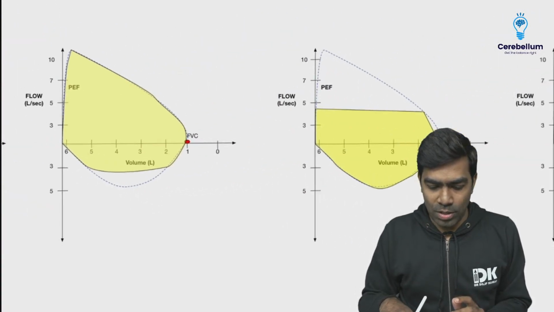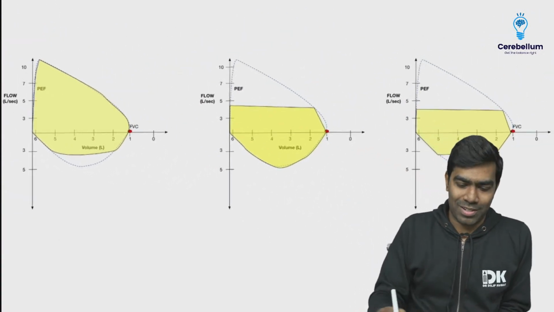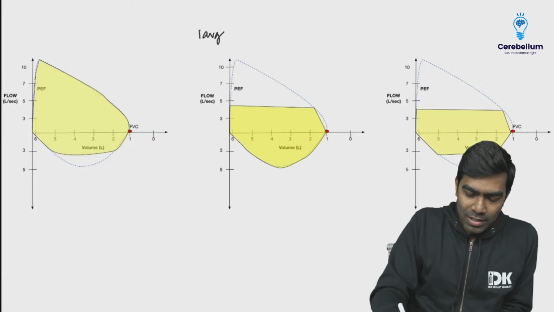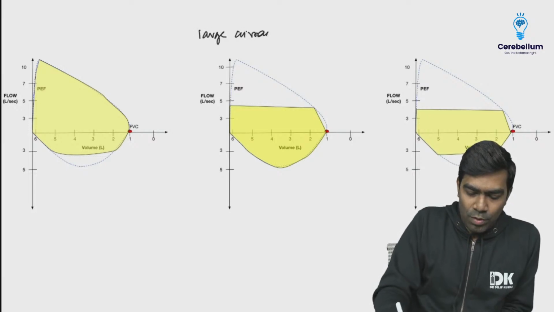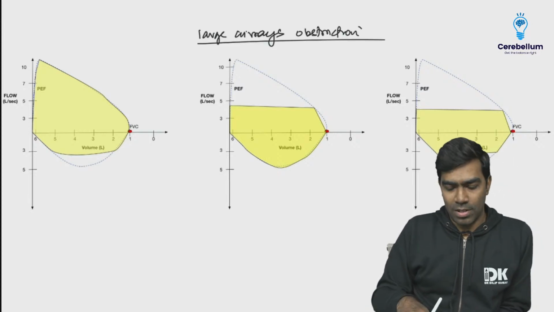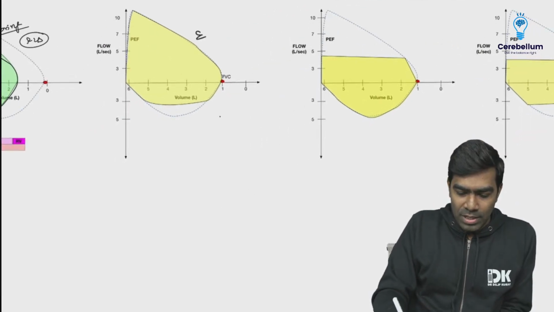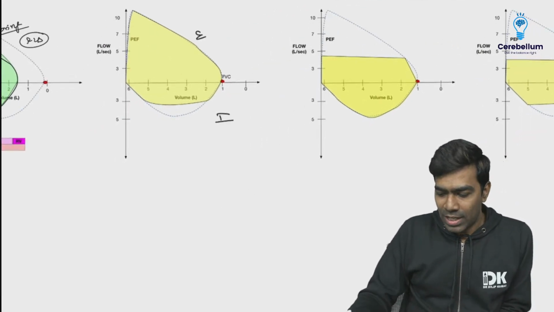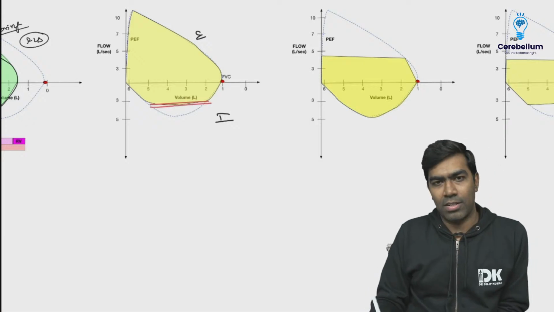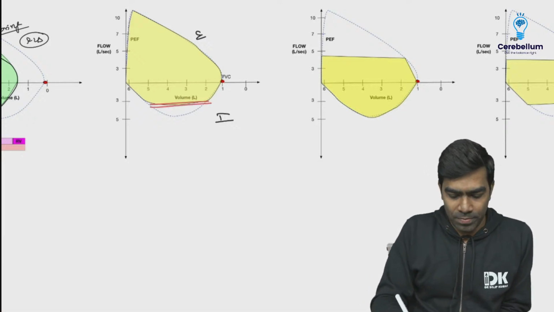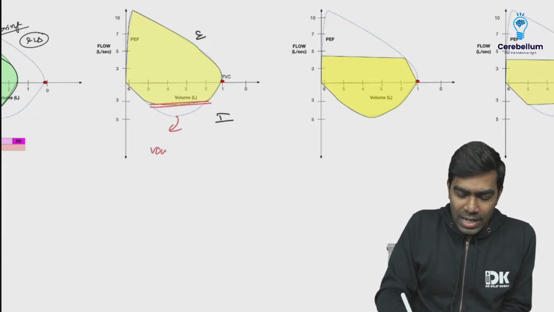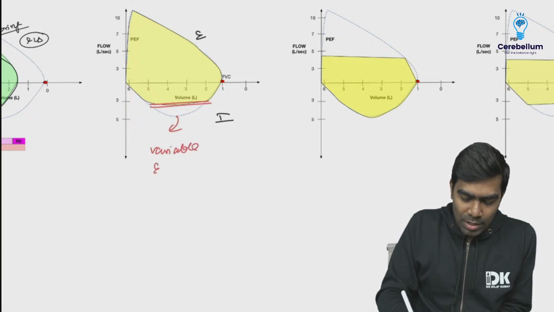And when you talk about large airways obstruction, these are the flow volume loops of large airways obstruction. This is the expiratory limb, this is the inspiratory limb. If the inspiratory limb is flattened, this is suggestive of a variable extrathoracic obstruction.